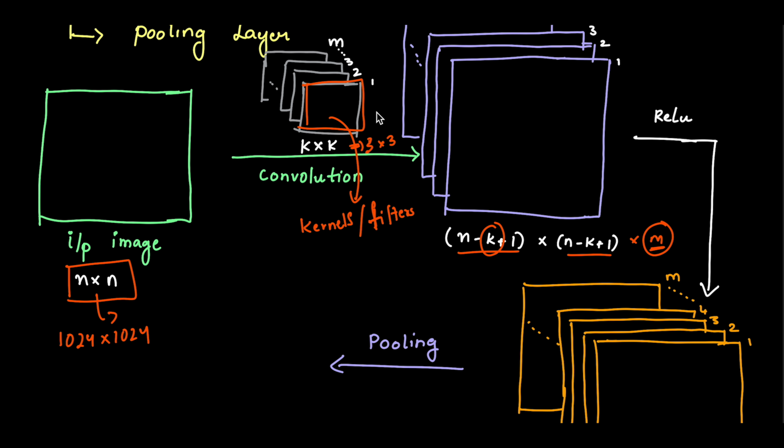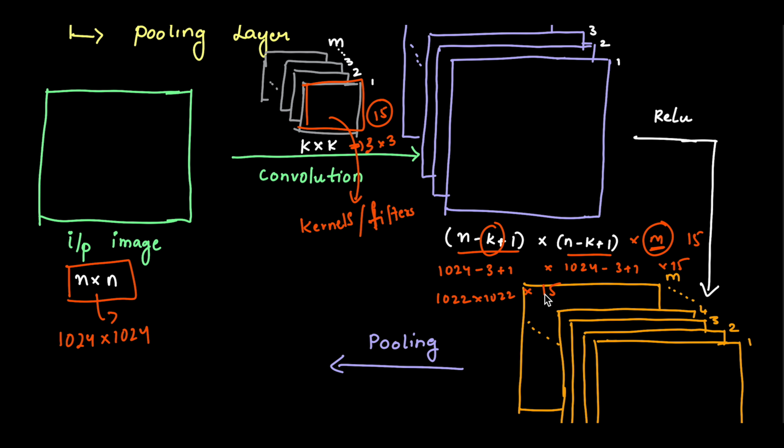Let's say we have 15 such kernels, then this will be 15. So the overall will be 1024 minus 3 plus 1 cross 1024 minus 3 plus 1 cross 15. If we multiply all these, it will obviously be greater than this one. This is simply 1024 cross 1024, whereas this is 1022 cross 1022 cross 15.